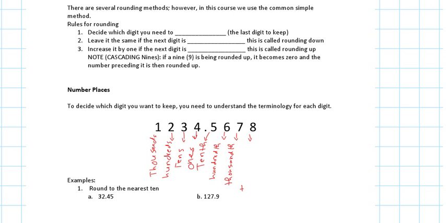We don't usually say to the nearest ten-thousandth. We usually say to the nearest 4 decimal places. It's easier to say than ten-thousandth. I can't even pronounce it.